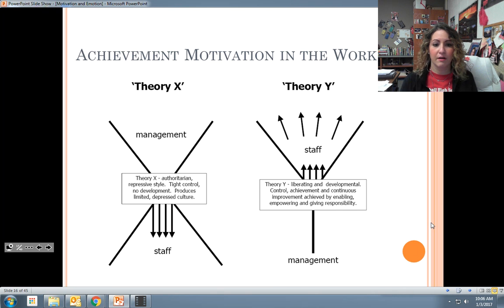Basically, it's their way or the highway, and they don't want to hear any competing ideas. You don't want to have this type of boss. This boss is not up for creativity. They're up for people that are submissive to their will. So I think of Theory X like you do not want it.